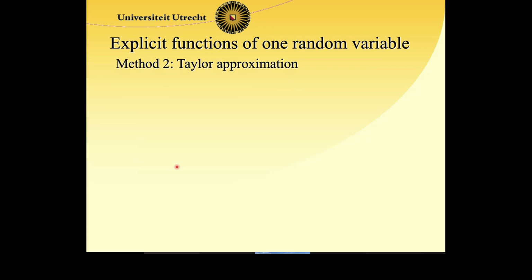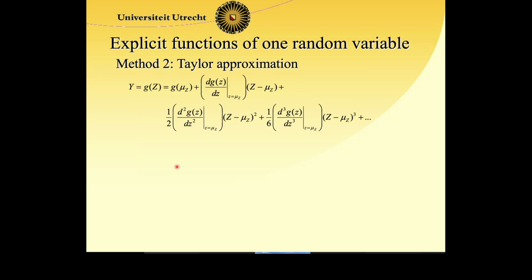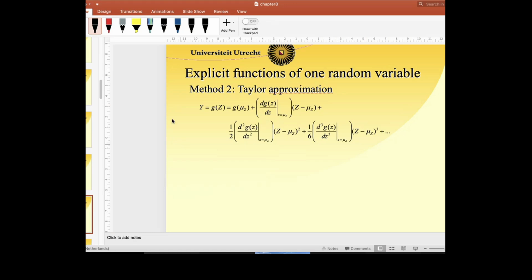So let us derive then the mean and the variance for the Taylor approximation, and we start with the first order Taylor approximation, which means that we retain these terms only. This is the first order.